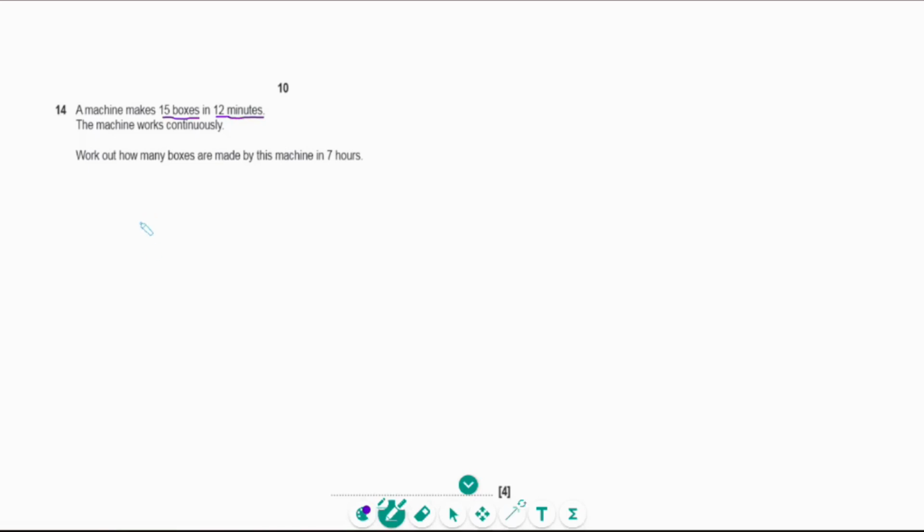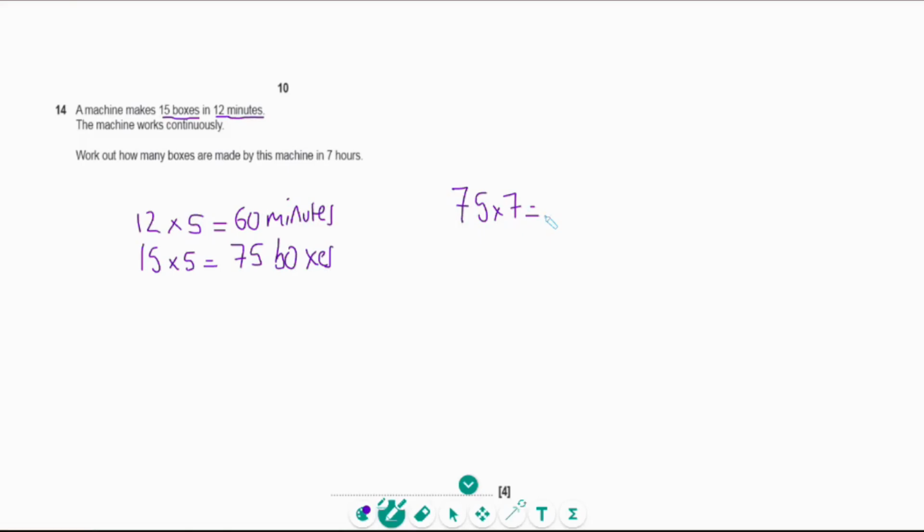I know that if I do 12 times 5, I'm going to get 60 minutes, which is 1 hour. So I need to do 15 times 5, which is 75 boxes. So 75 boxes in 1 hour. So 75 times 7 gives us 525 boxes.